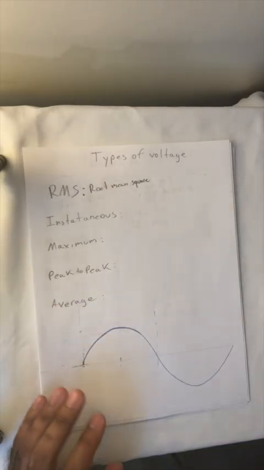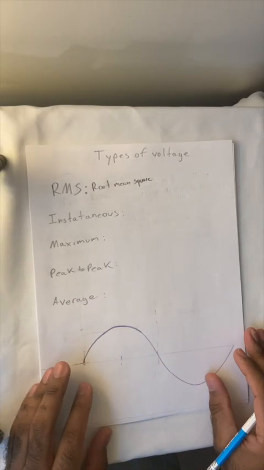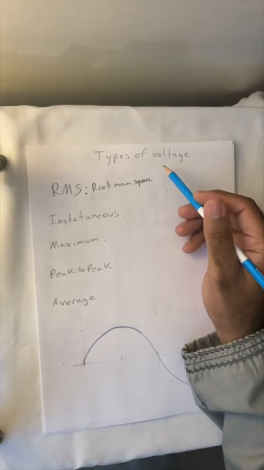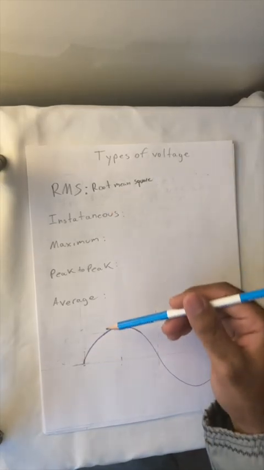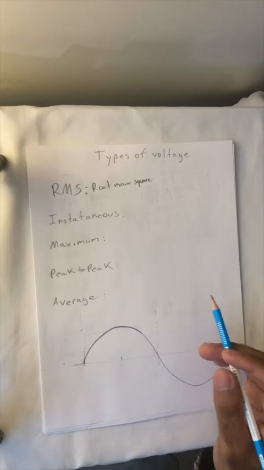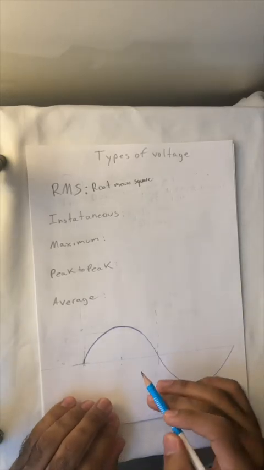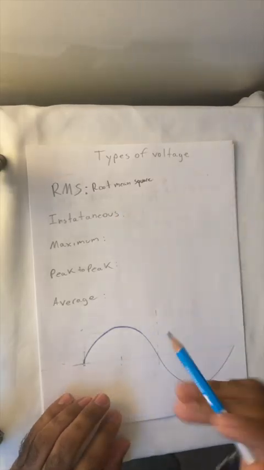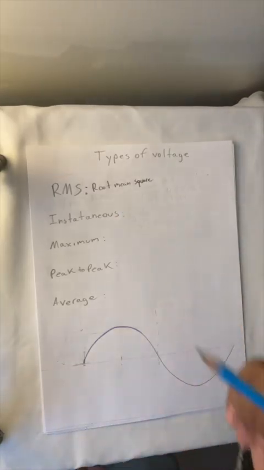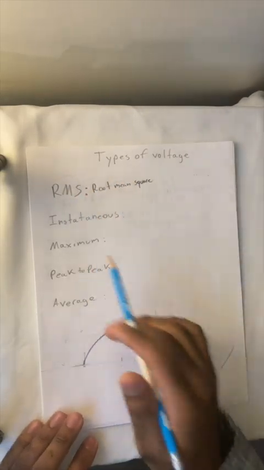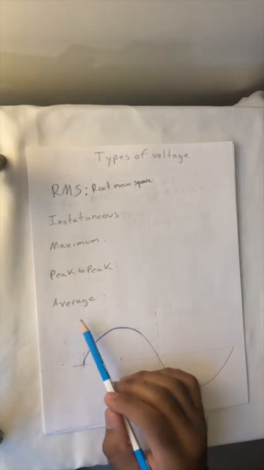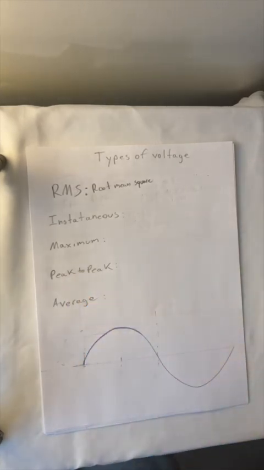We will now move on with discussing the types of voltage. In AC systems, we have several types of voltage, because alternating current alternates. We have RMS, instantaneous, maximum, peak to peak, and average.